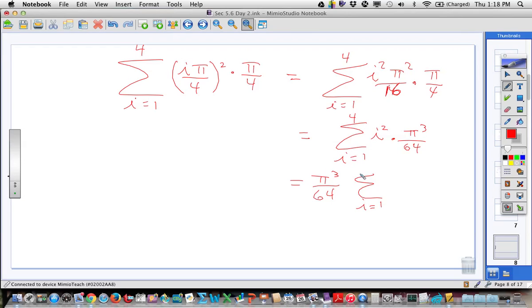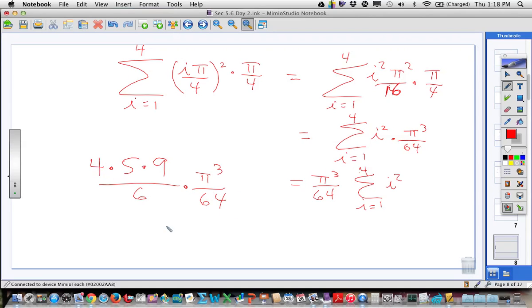Sigma i squared. We had a formula for that, right? What was that? That was n times n plus 1 times 2n plus 1. My n is 4 here, right? So that'd be n plus 1, 2n plus 1 over 6. And then that was times pi cubed over 64, right?